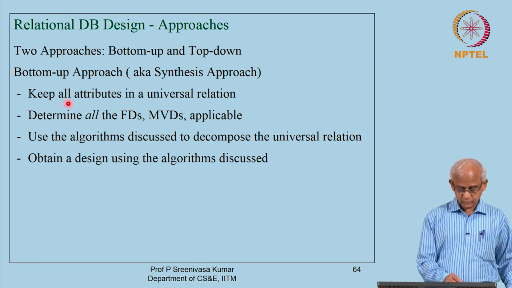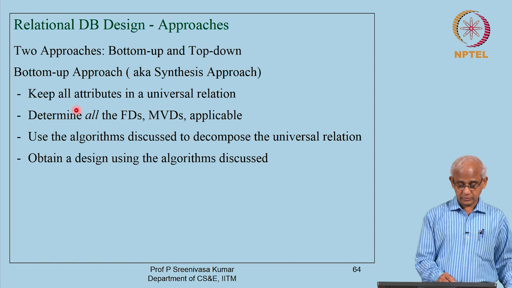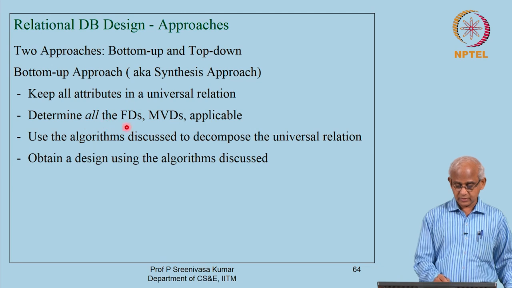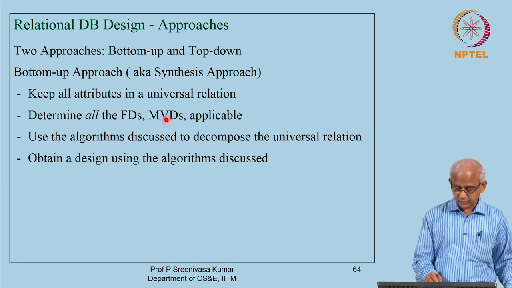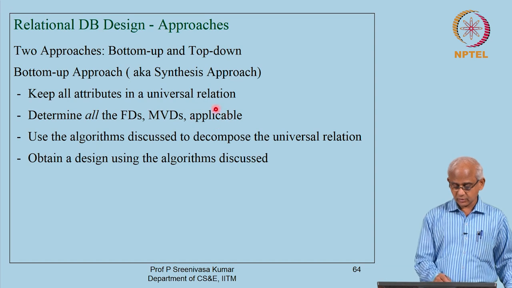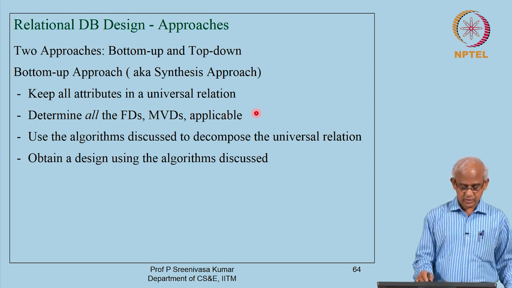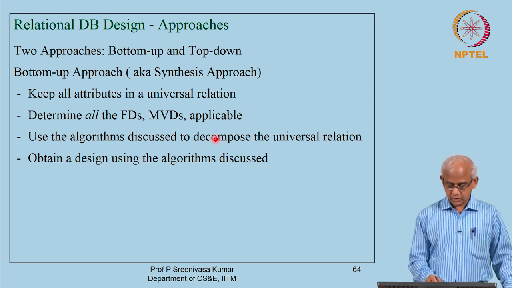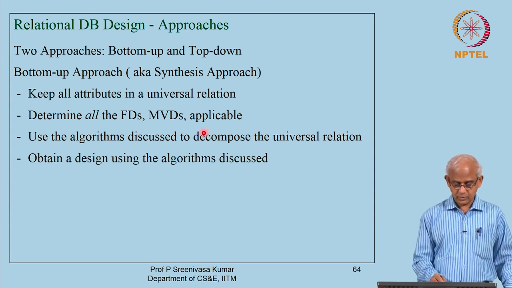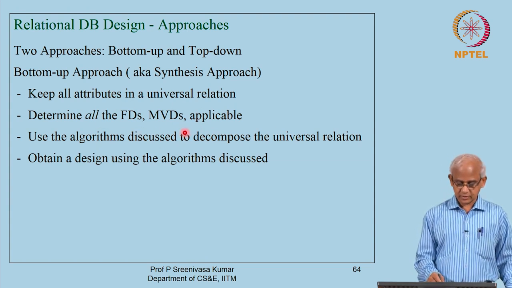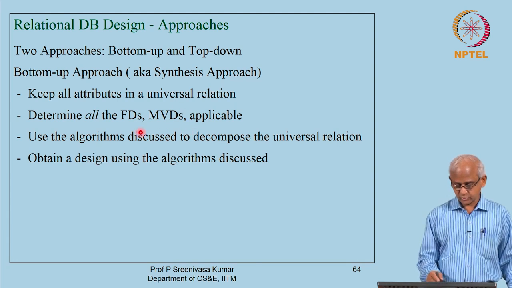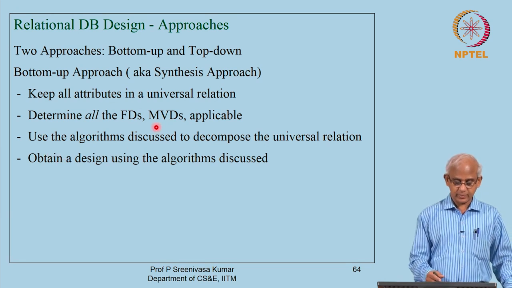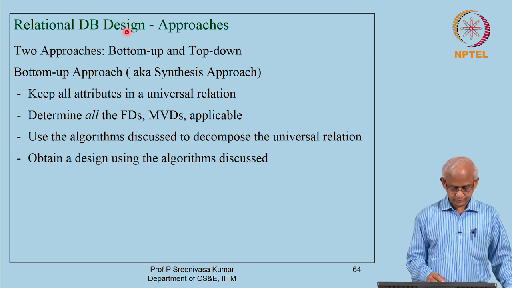And then by doing a careful study of the domain, we have to determine all the functional dependencies, all the multi-valued dependencies, and if there are JDs, all of them we need to determine and write down. Then we can use the algorithms discussed in this module to decompose this universal relation into individual relations that satisfy the highest normal form, maybe fourth normal form, and then obtain a relational database design.